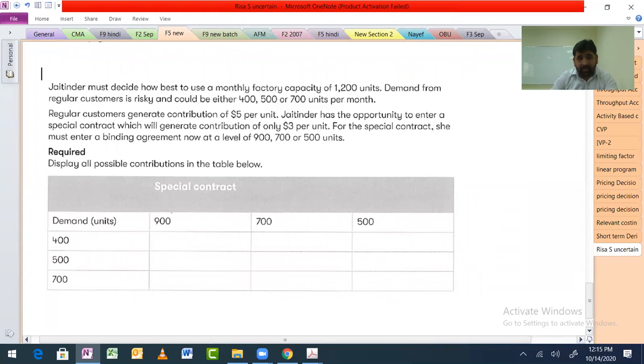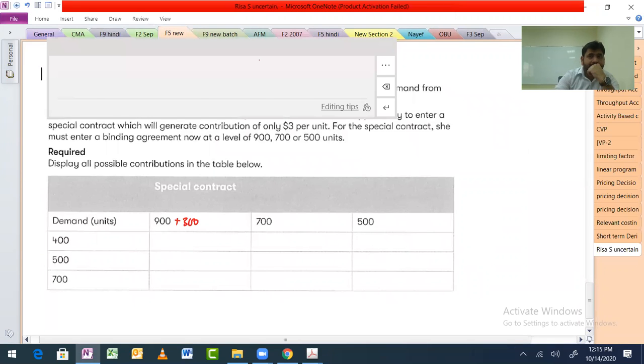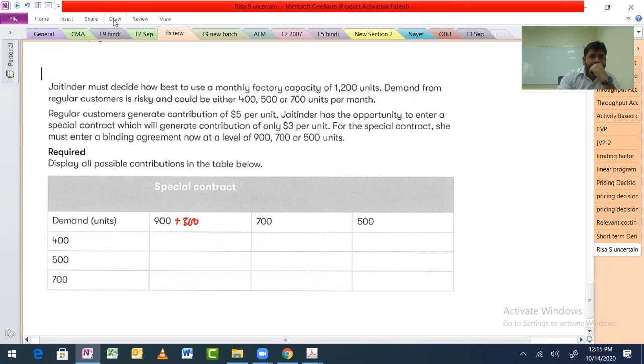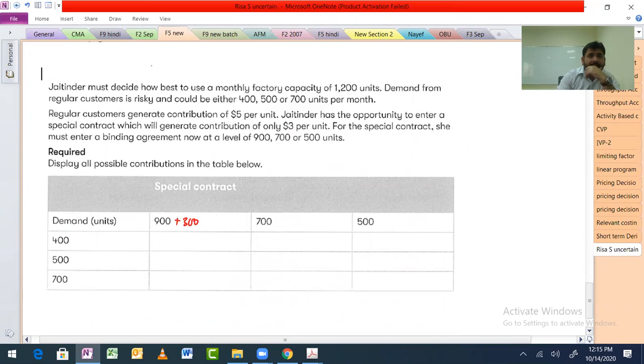Now see, if you take 900 units, you will be able to sell only 300 more. Do you understand that? Okay, because your overall capacity is 1200, so you can't go beyond this, right? In this case, how much money will you earn? 9 into 3 is 27, and 3 into 5 is 15. So 27 and 15 is how much?